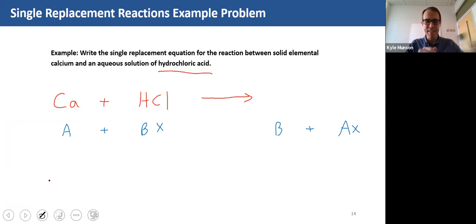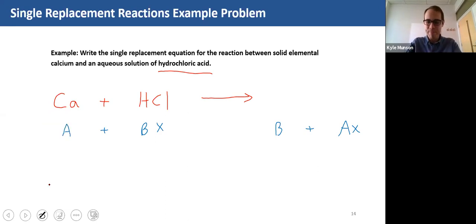It's kind of what's going on here. They're partners, BX, and A is coming along, tapping B on the shoulder and saying, get out of here, it's my turn. That's what's going on basically, if that helps at all. So probably not, but anyway, B is by itself.